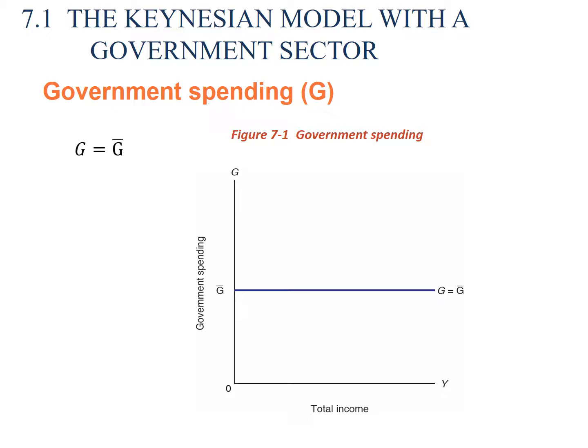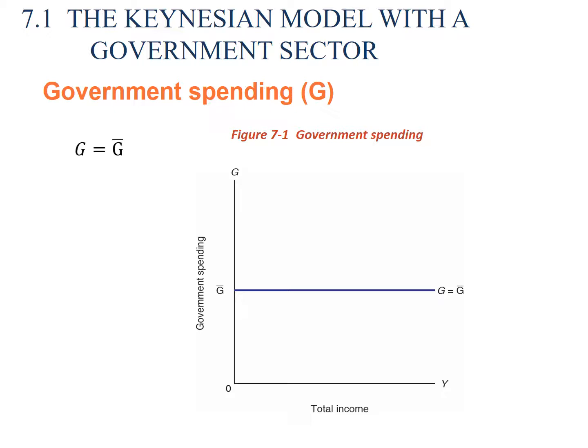The most important point is that government spending is essentially a political issue. In other words, government spending is related to political objectives rather than the level of income. This simply means there is no systematic relationship between government spending and the total income within the system.